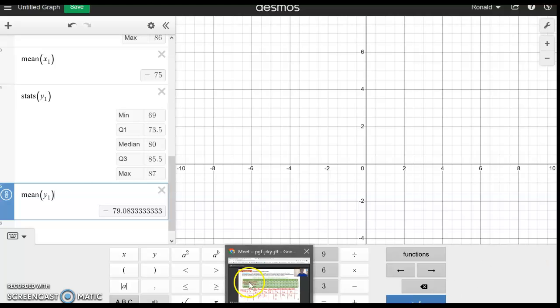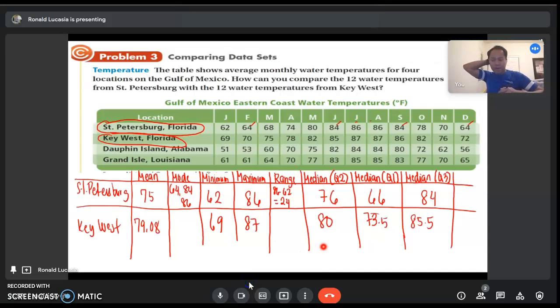So I wrote down here. So we have to find the mode. The mode for Key West, we have 82, which appears to be twice, and 87 that appears to be twice as well. So 82 and 87.